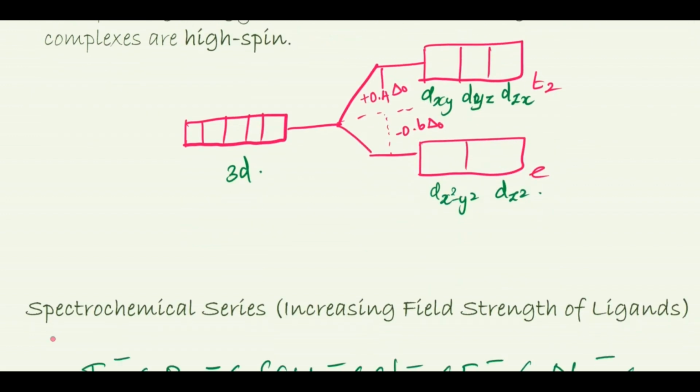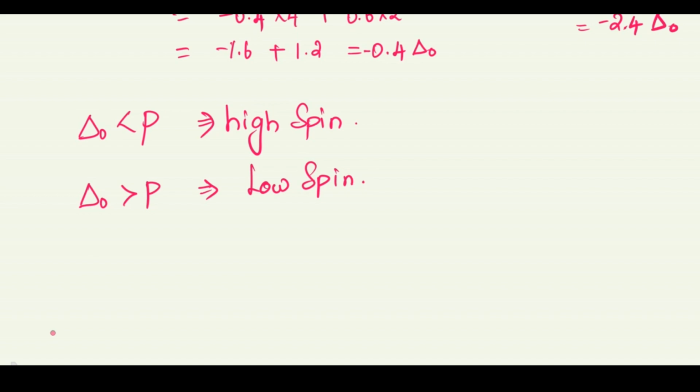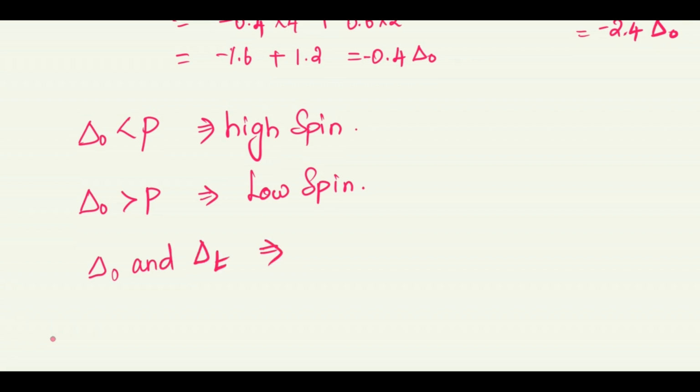We are going to see the relation between del octahedral and tetrahedral. Sometimes the questions can be asked using this formula, that is del tetrahedral equal to 4 by 9 del octahedral. So this thing you have to remember. Sometimes they will give you the tetrahedral value and ask you to find the octahedral value.